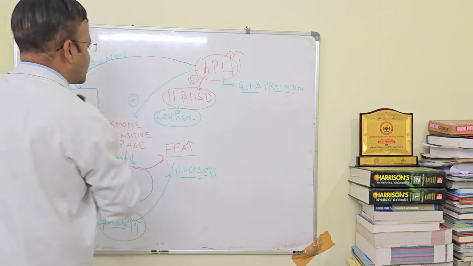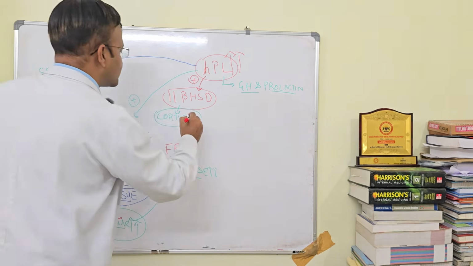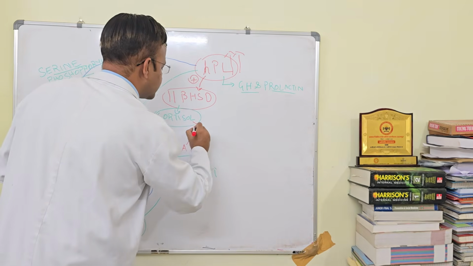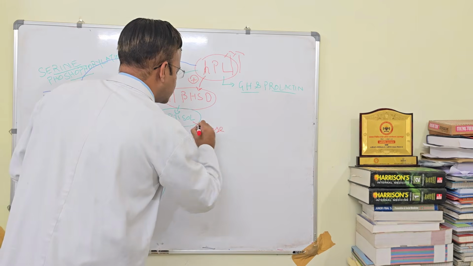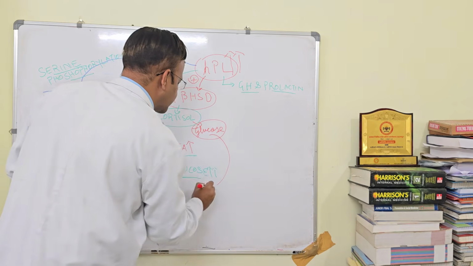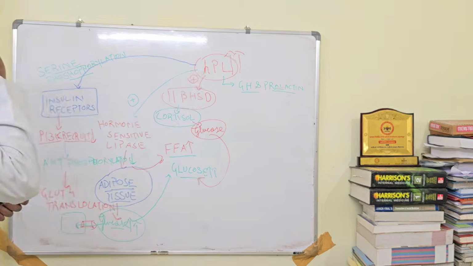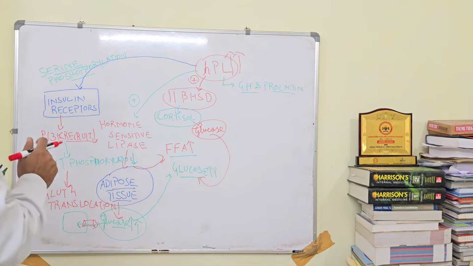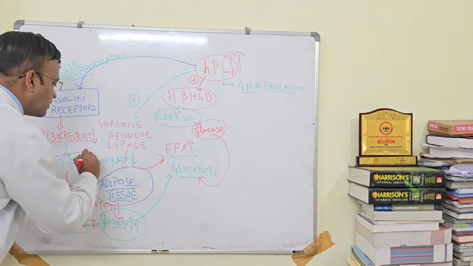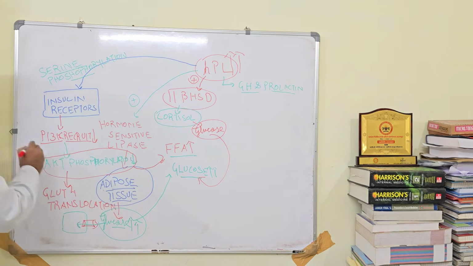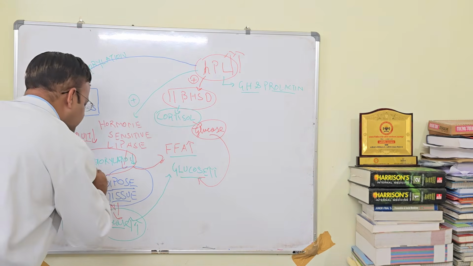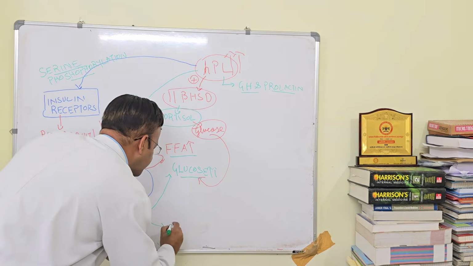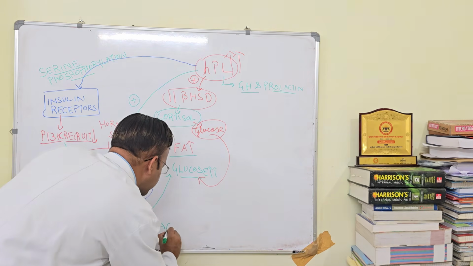And as all of us know, if cortisol increases, your blood glucose will increase, and this glucose will also go in this pool. Now, apart from that, you saw this AKT phosphorylation is reduced, so this is now going to upregulate your G6 phosphatase. Your G6 phosphatase will get upregulated.